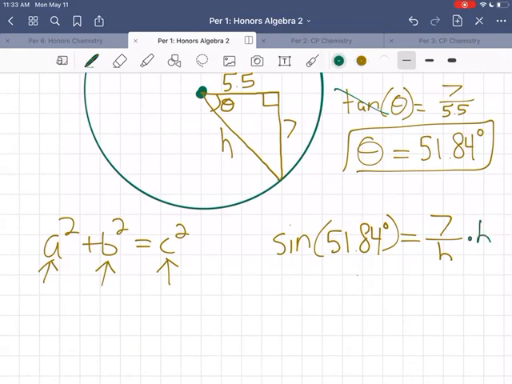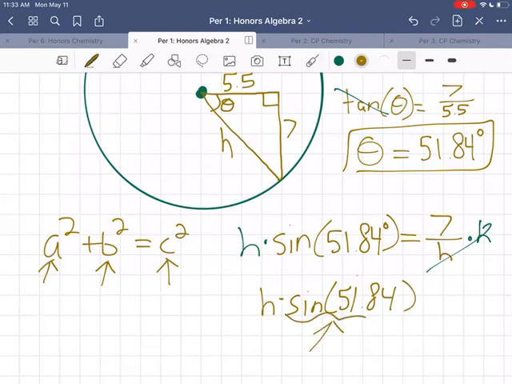We're going to multiply this side by h, multiply that side by h. These are going to cross off, and we're going to get h times the sine of 51.84. Remember, this is just a number here. This is not a variable out front. Sine is not a variable. It is simply a number that we can evaluate, and that's going to equal 7.